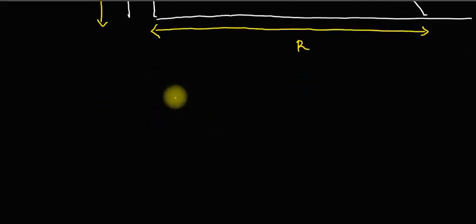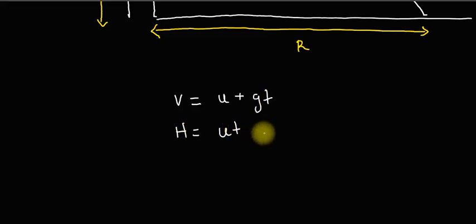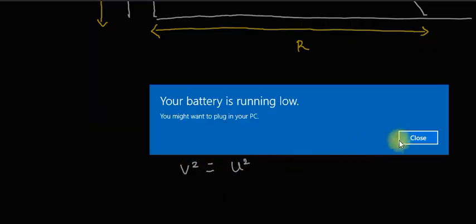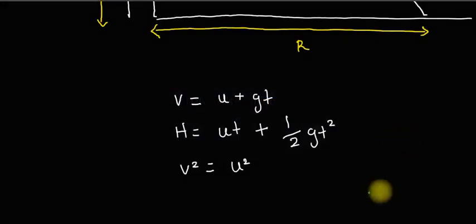So whenever you are given a case like this, just use the three equations of motion under gravity, which are v equals u plus gt, h equals ut plus 1 over 2 gt squared, and then we have v squared equals u squared plus 2gh.